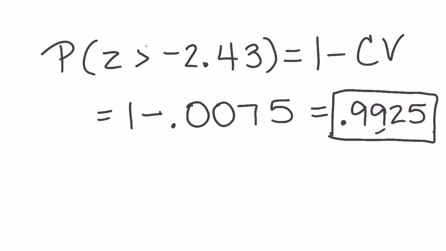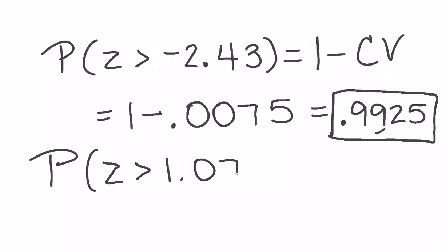So when we're looking at a greater than sign, we're going to calculate 1 minus the chart value. Why don't you try finding the probability that Z is greater than positive 1.07?